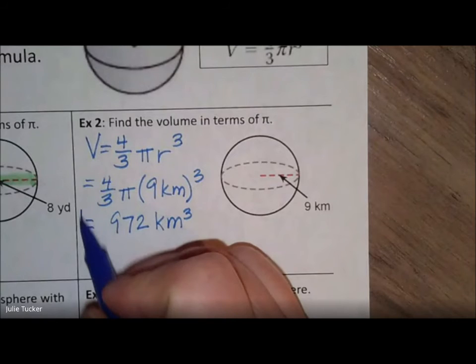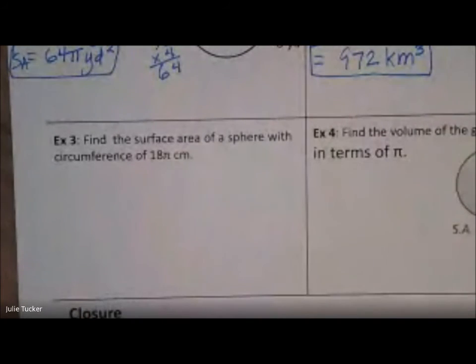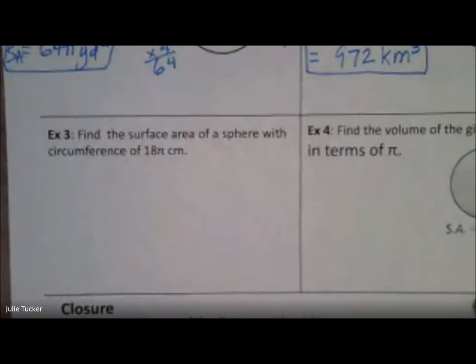Okay, so now let's do number 3. Find the surface area of a sphere with a circumference of 18 pi centimeters. Now they made this problem tough on us because they didn't give us a drawing at all, did they? But you can't really label the circumference with a number very easily anyway, because the circumference is the edge.